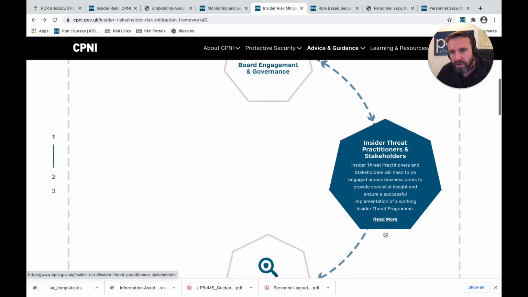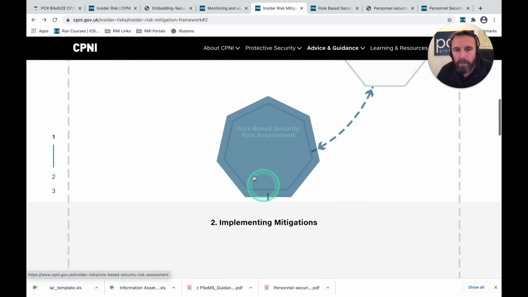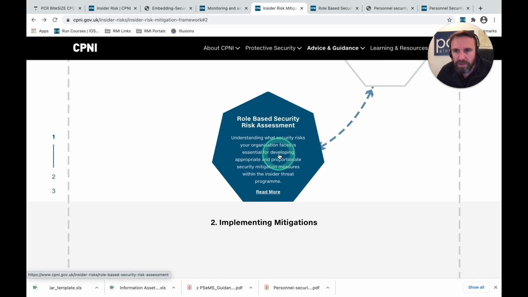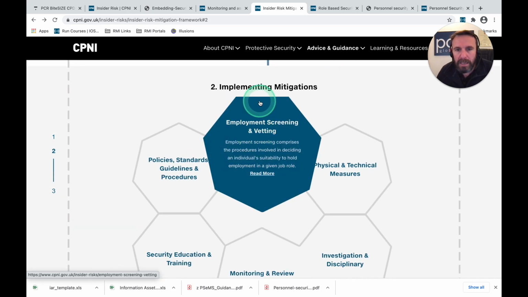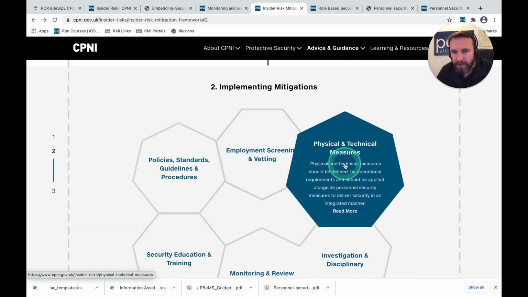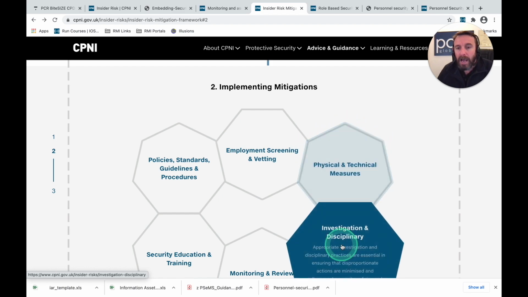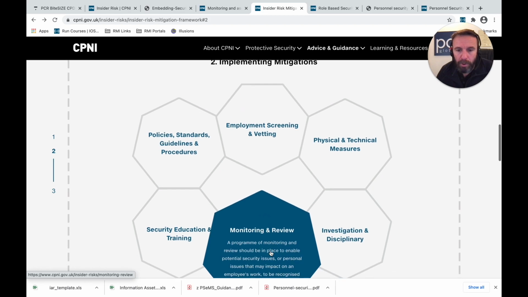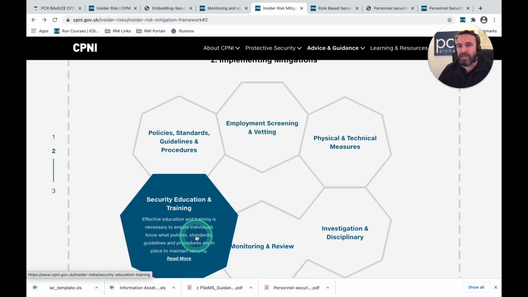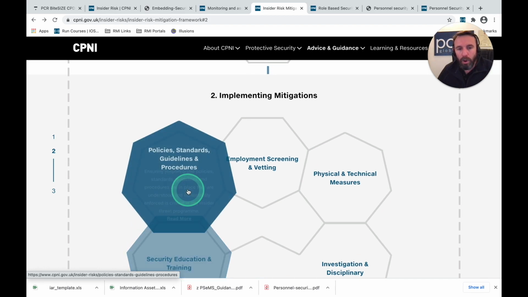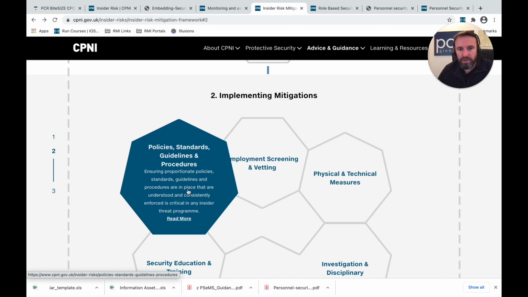Insider threat practitioners, read more. Then we get to the role-based security risk assessments. Then we look at how we implement our mitigations, whether they're physical and technical, how we do our investigations and our disciplinary procedures, when we would need to monitor and review, our SEATS program, our security education and training system. The SEATS program, very important. Policies, standards, guidelines and procedures.